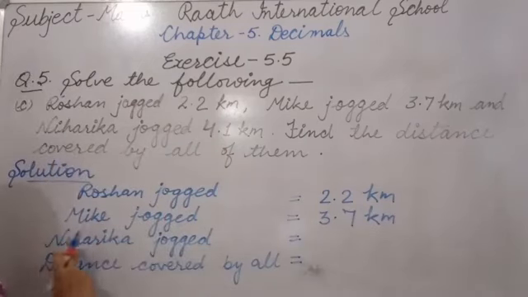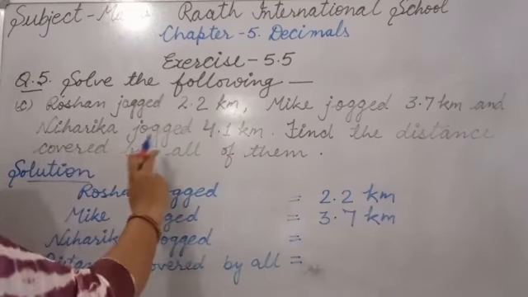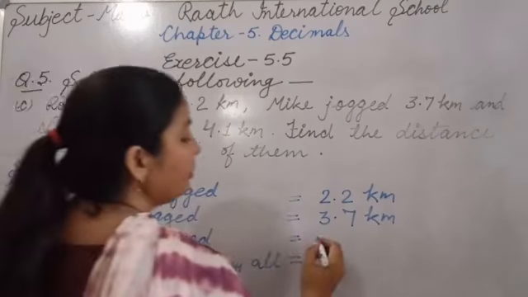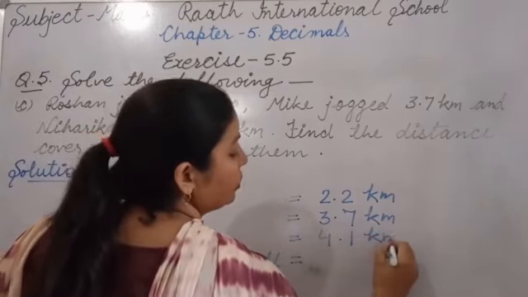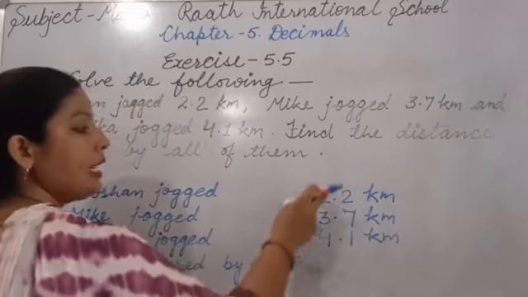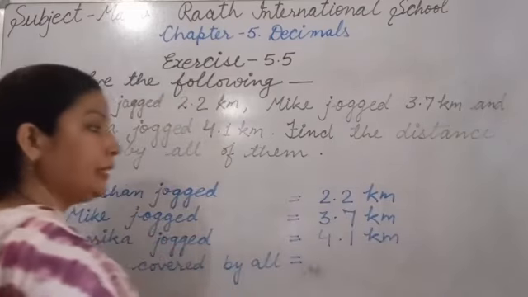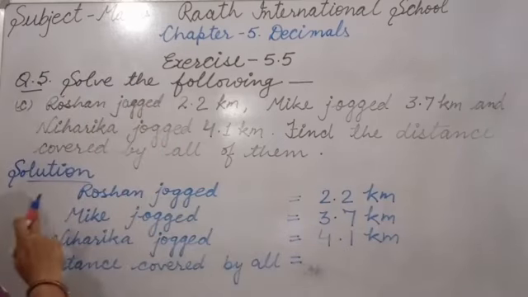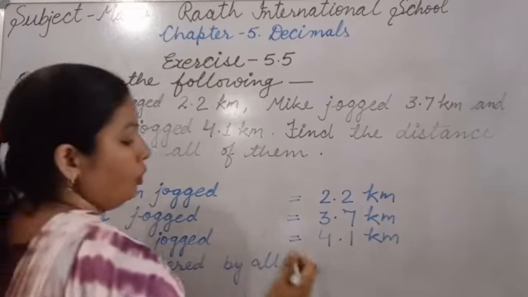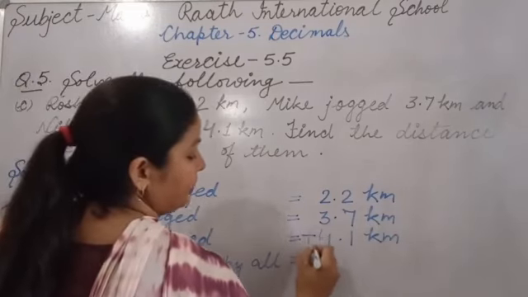Then after that Niharika jogged. How much did Niharika jog? 4.1 kilometer. Because there is only one decimal place, and in the whole part also one digit, all are up and down. Now find the distance covered by all of them. For that we will do addition.